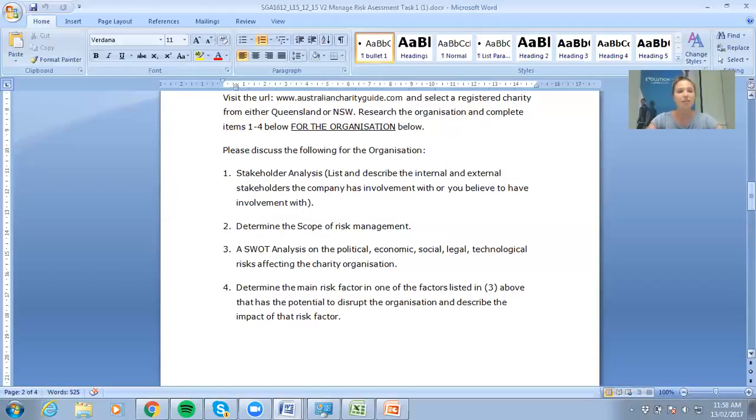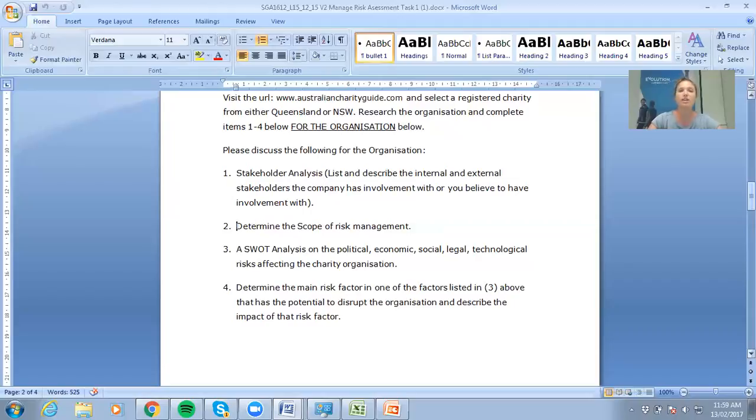Okay, the third question is conducting a SWOT analysis on the political, economic, social, legal, technological risks affecting the charity organisation. Okay, so what you need to do is try and think of any form of, I guess, strength. So SWOT analysis, sorry, I'll start with explaining what a SWOT analysis is.